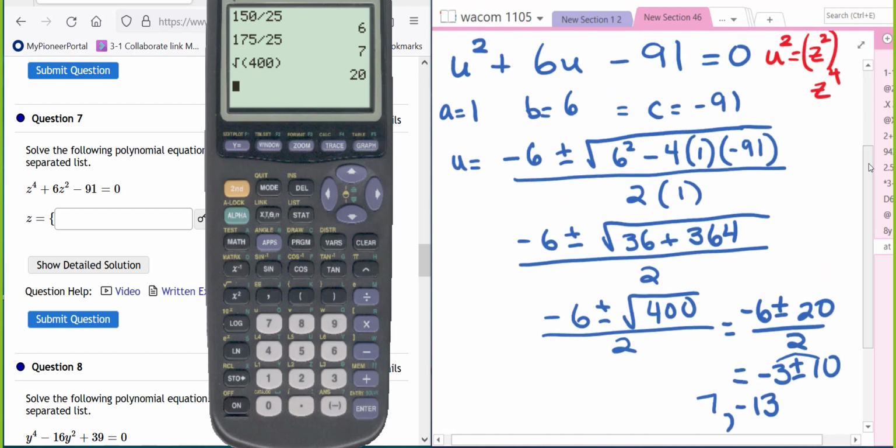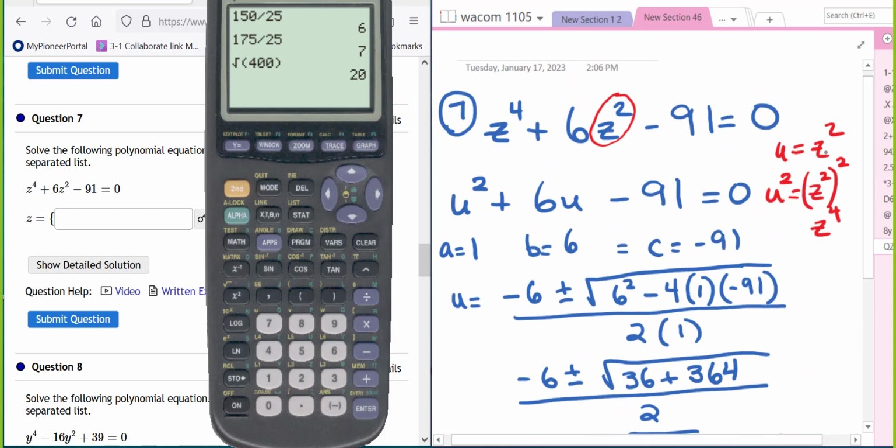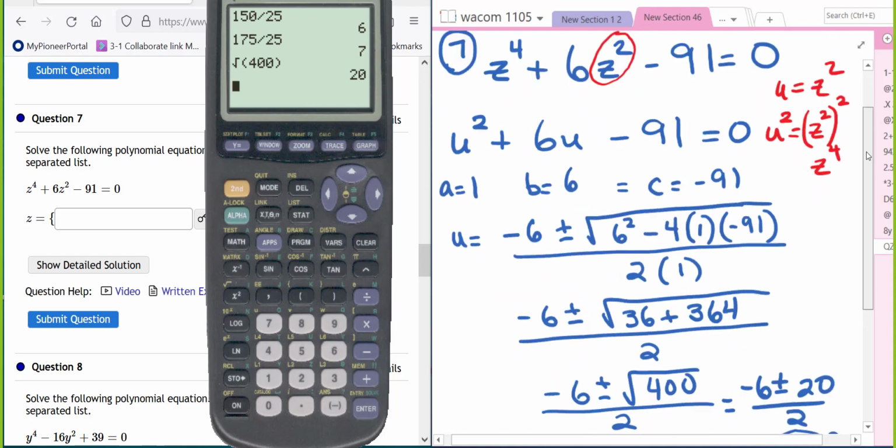Now, you're not done here, because whenever you do a U substitution, you have to substitute back. So I have to go back to the beginning because I don't want to know U, and that's what I have here. These are U. I want to know Z. So U is equal to Z squared.